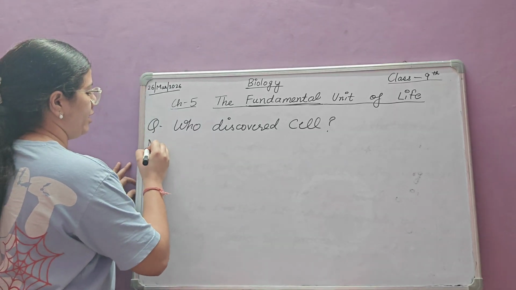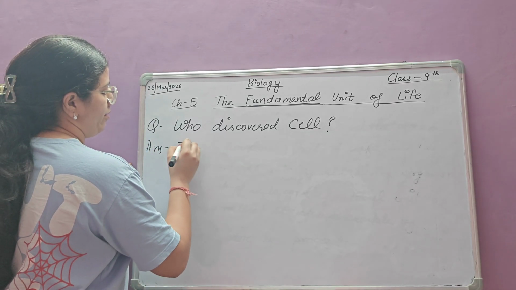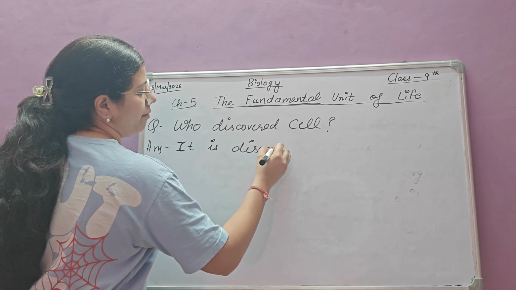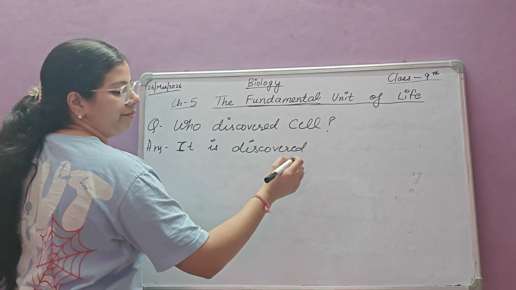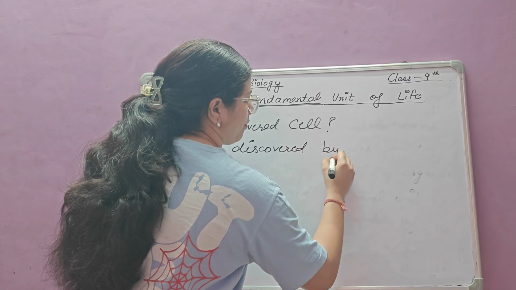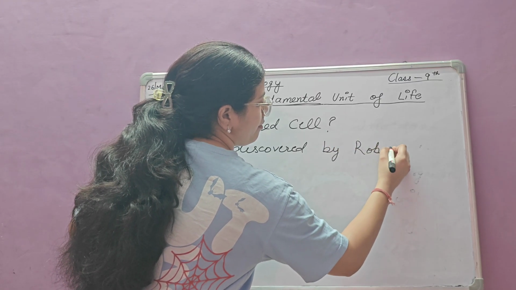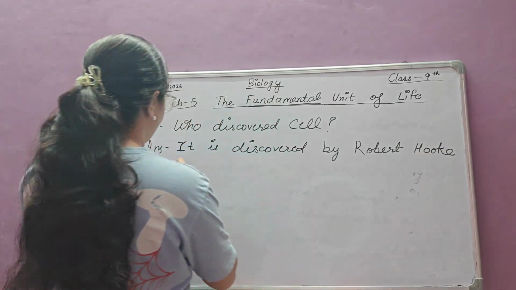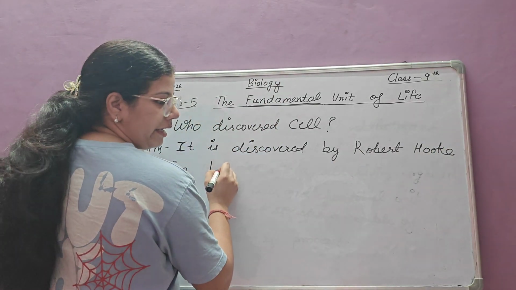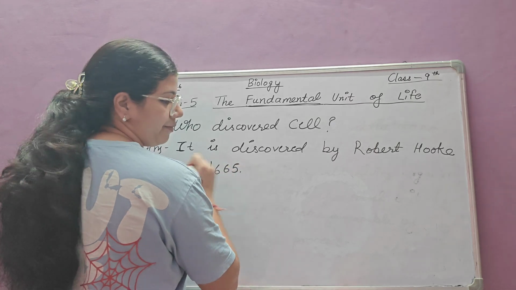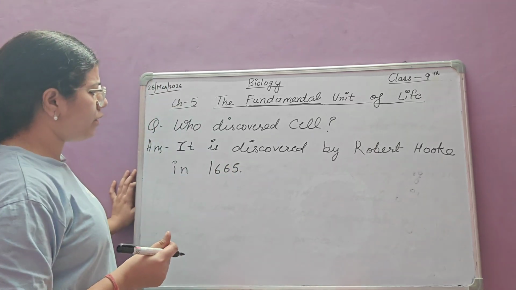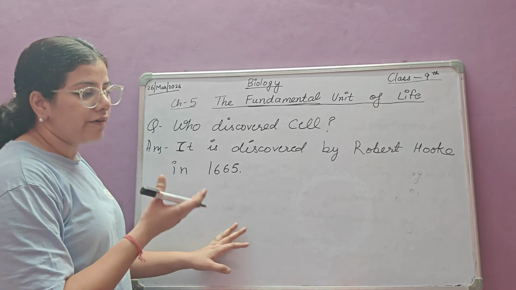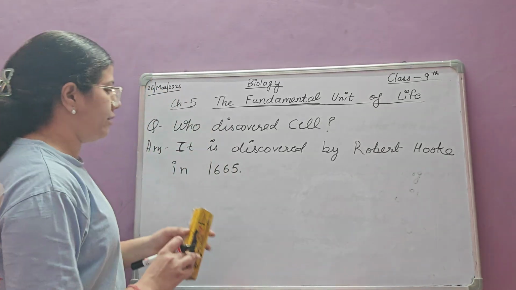So the answer is, it is discovered by Robert Hooke in 1665. Okay, so in the next section we are going to discuss the various discoveries regarding cells.